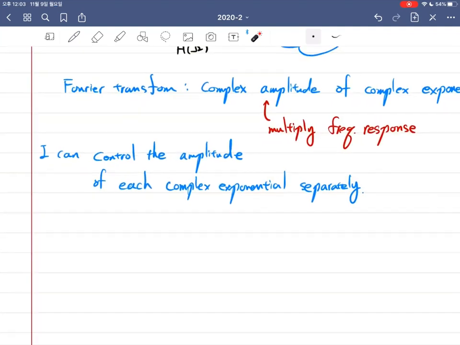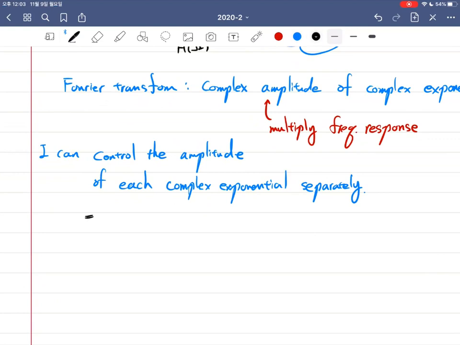And this is the basic idea of filtering. Okay?